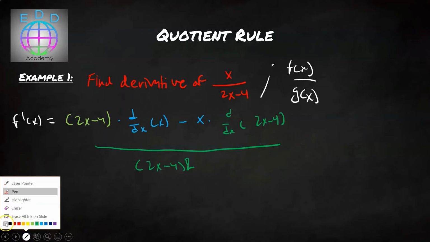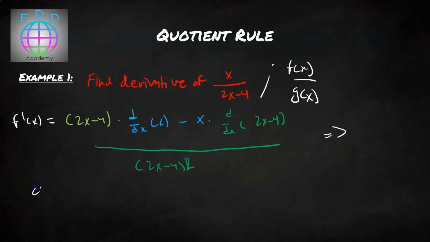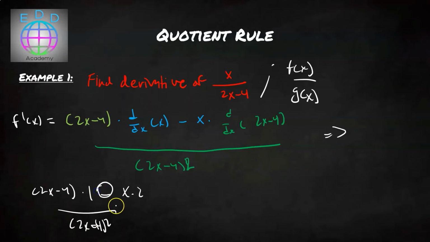If we simplify this out, we have 2x minus 4 times the derivative of x, which is 1, minus x times the derivative of 2x minus 4, which is 2, so x times 2, and then we still have all over 2x minus 4 squared. So a common mistake I see here would be trying to cancel this 2x minus 4 and this 2x minus 4 quantity squared on the bottom, but note, this 2x minus 4 is connected with a subtraction symbol, so you cannot do that.